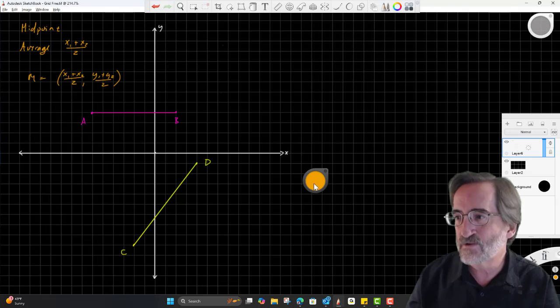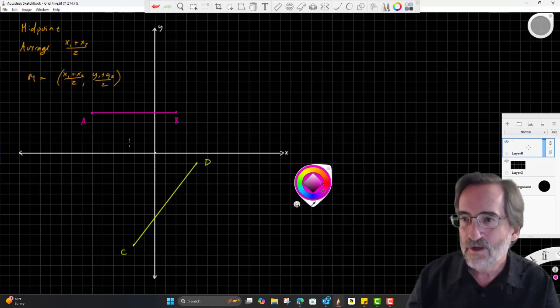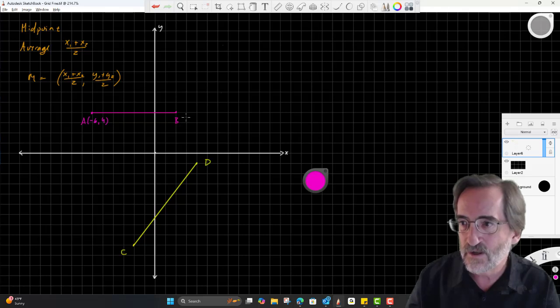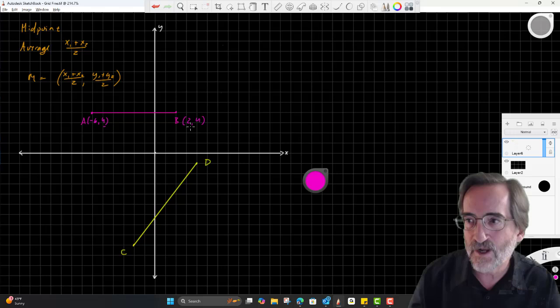So in the case of AB here, A being negative 6, 4, and B being 2, 4. Note that the 4 did not change, so all I'm concerned with is the x. The average between the x's is negative 6 plus 2 divided by 2.